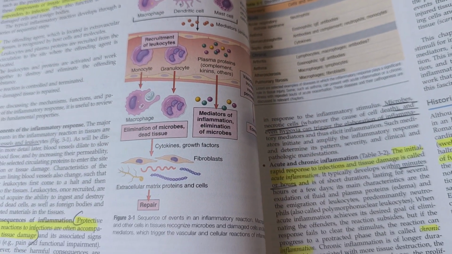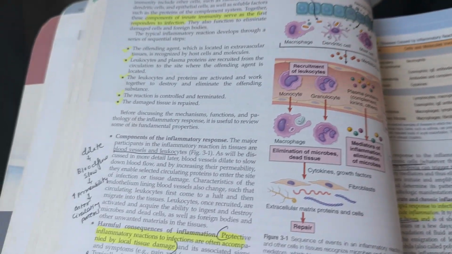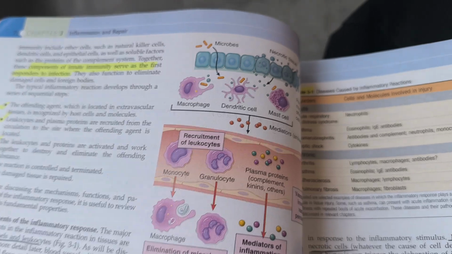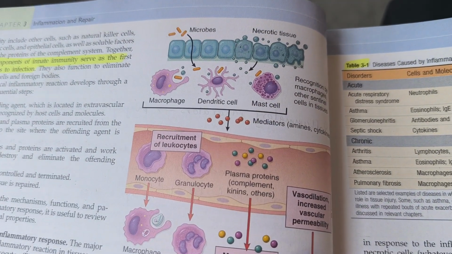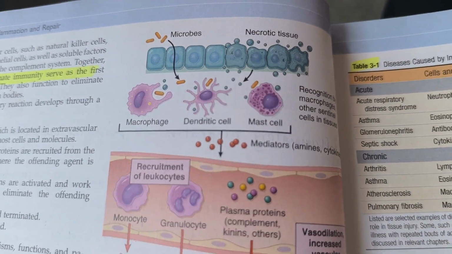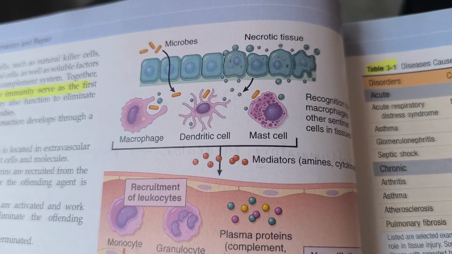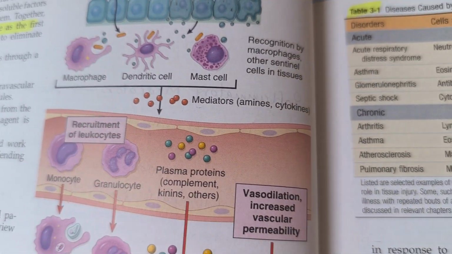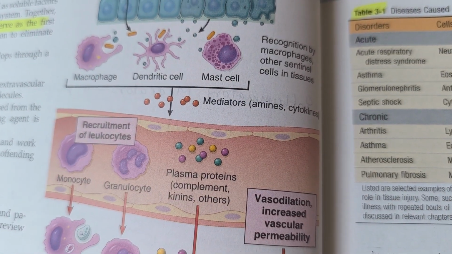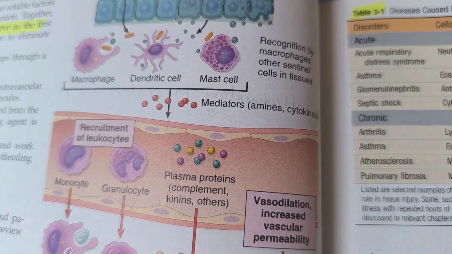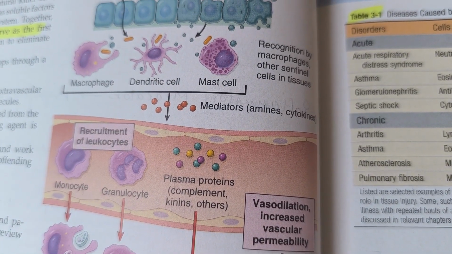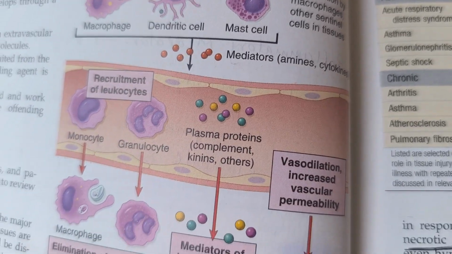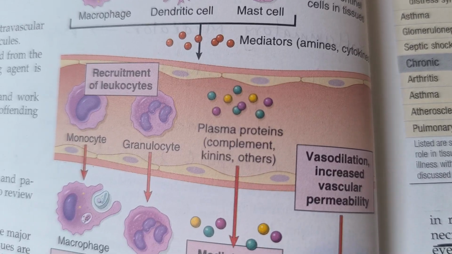So this is the figure where the microbes enter and cause damage, or the damage is caused by necrotic tissue. The macrophage, dendritic cell and mast cells recognize it; recognition by macrophages and other sentinel cells in the tissues. Mediators are amines and cytokines.